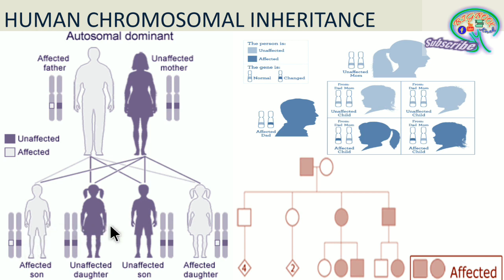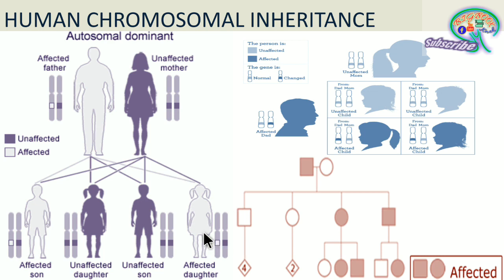Out of these four offspring, the two affected ones constitute 50% of the total probability of inheritance.